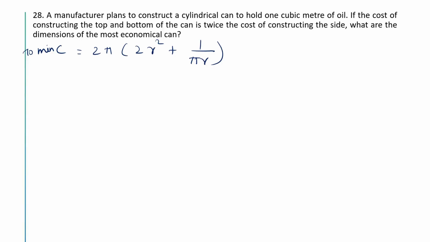So to find the minimum cost, we have to differentiate with respect to r. dC by dr is 2 pi k into 4r minus 1 by pi r square.